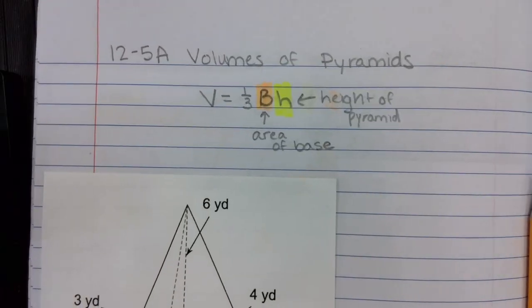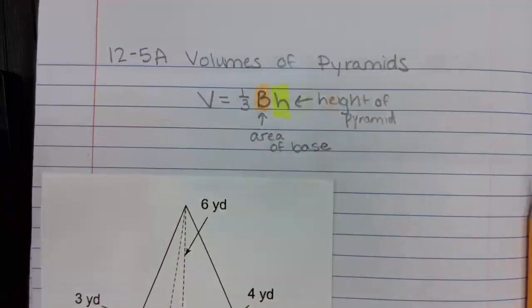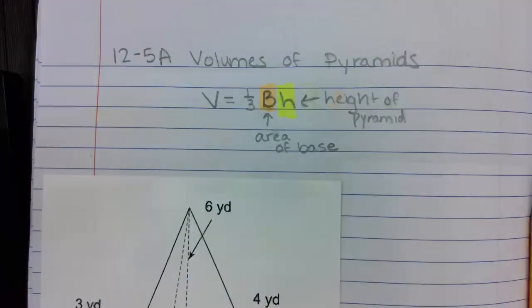Go ahead and glue that in. You don't need to cut it today unless you want to be a perfectionist and trim different parts. Otherwise, we just have that one formula that we're following today as we work.